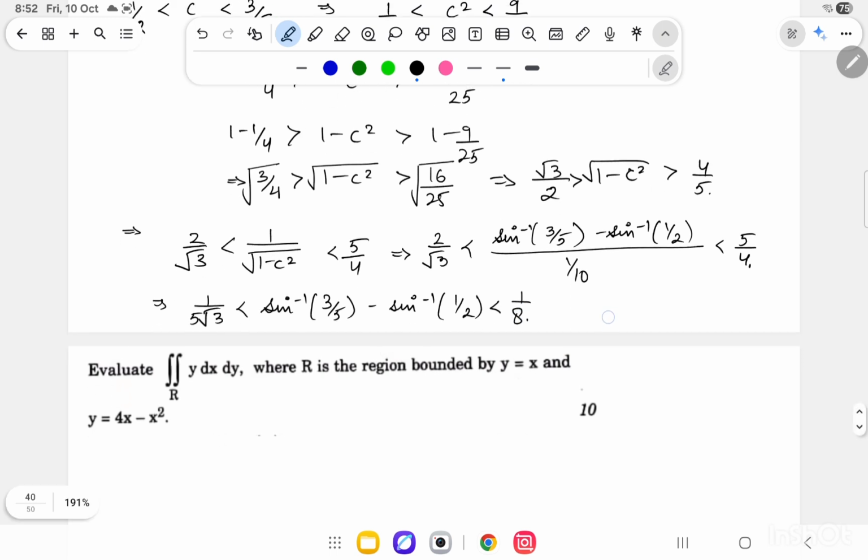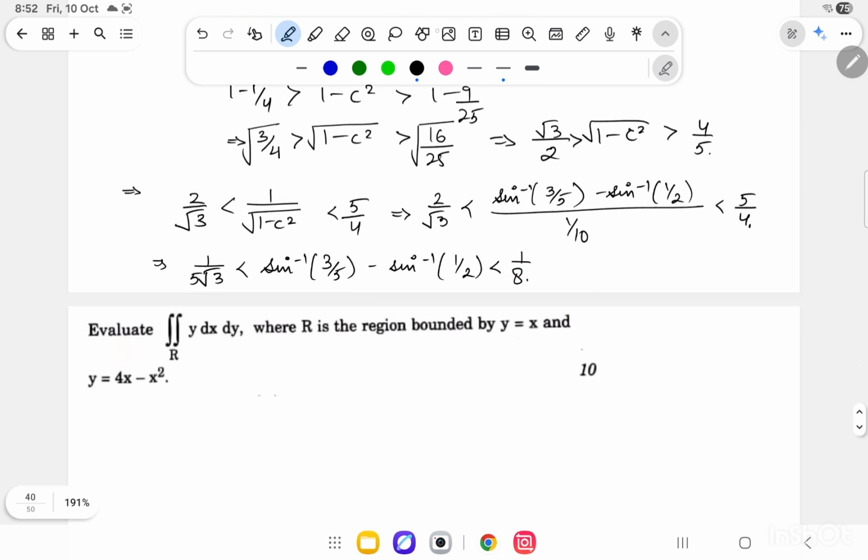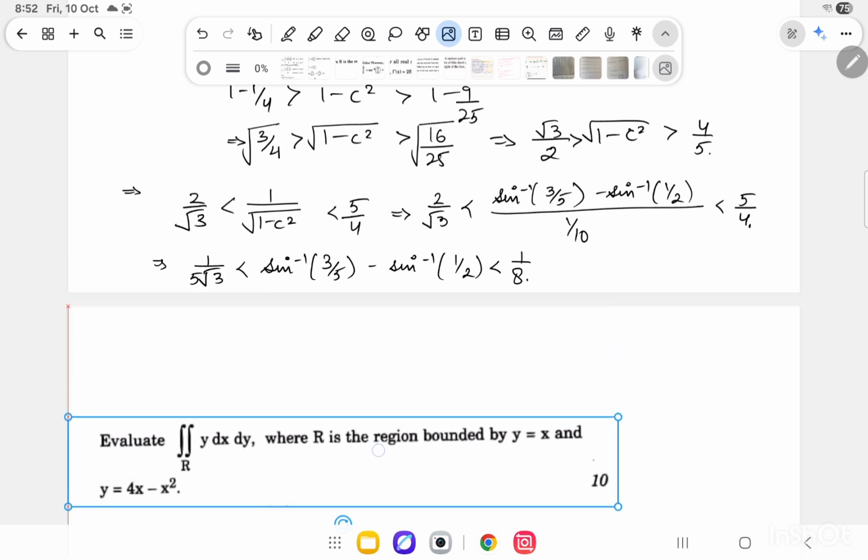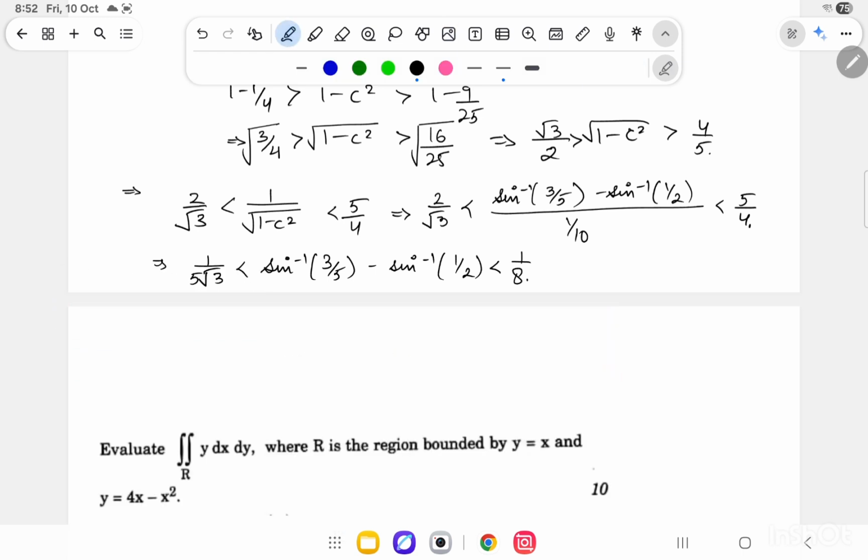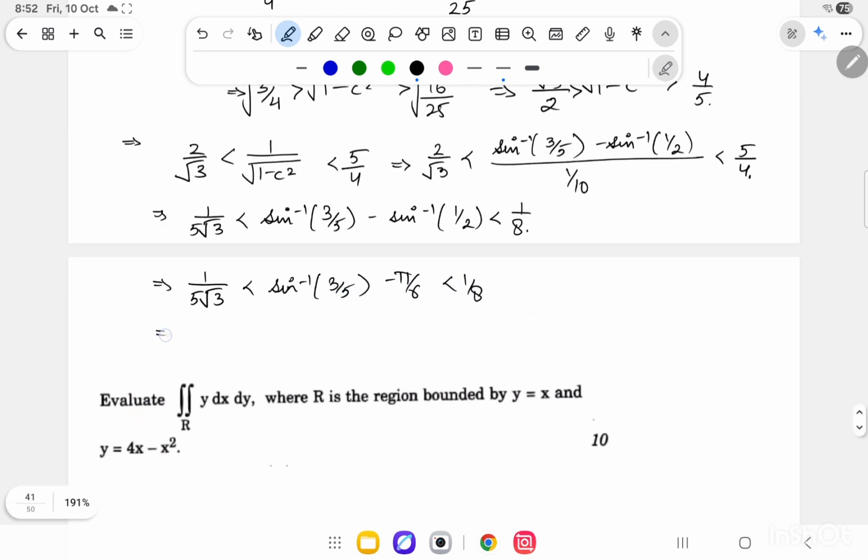1/8. Now I can just plug in the value of sine inverse 1/2, that is pi/6. So if I do so, I'll get 1/5 root 3 less than sine inverse 3/5 minus pi/6 less than 1/8. Now I can just add pi/6 throughout.